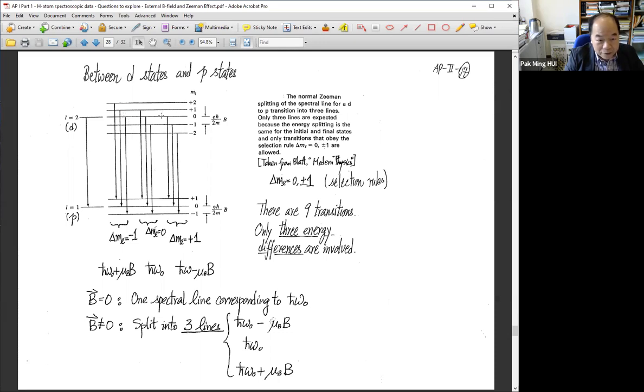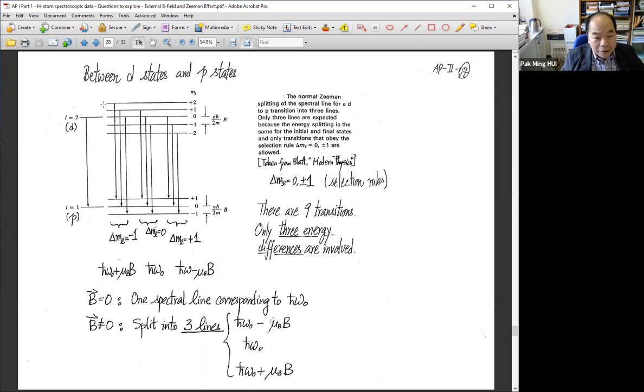From 0 to 0 is allowed. From the same state 0 here, you can go to -1, that is allowed, different by -1. And if you go to +1, it is still okay. So for this state, there are 3 transitions. It looks like there should be more lines, right? No, you have to work out the difference in energy.